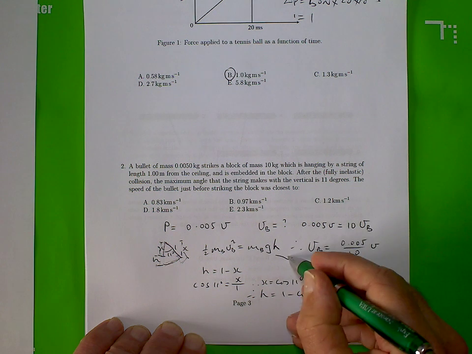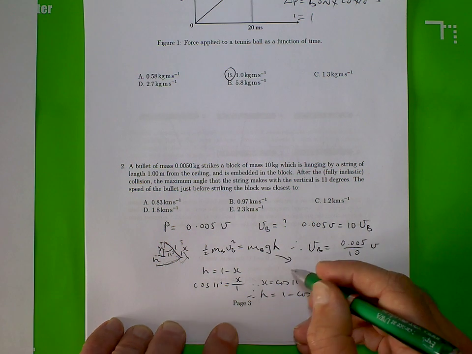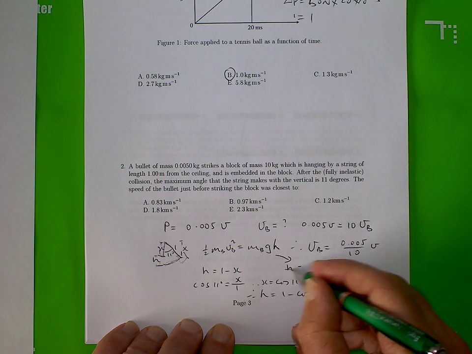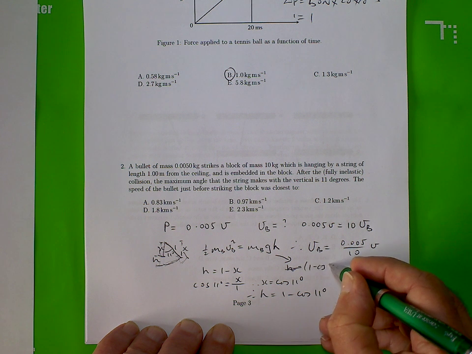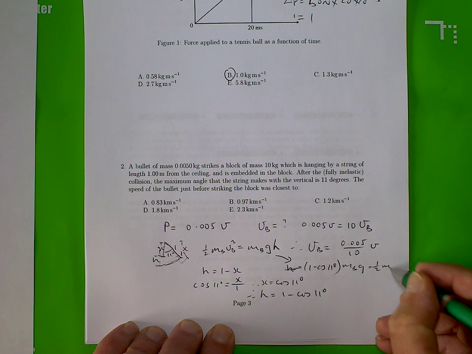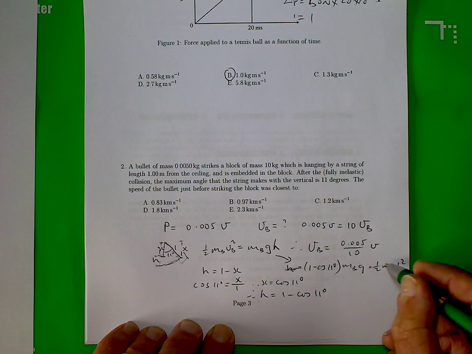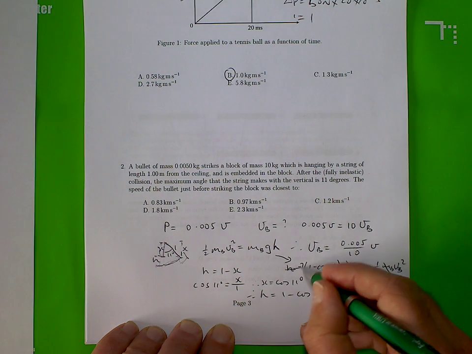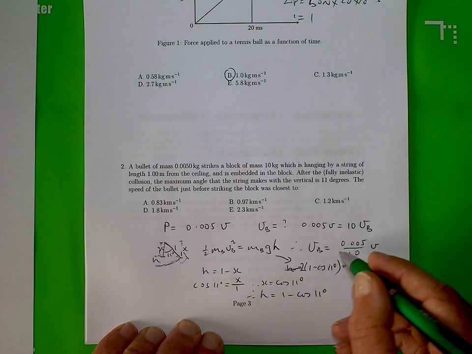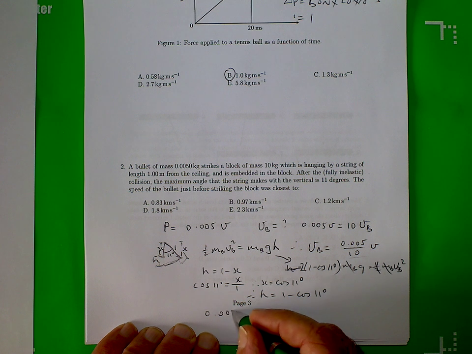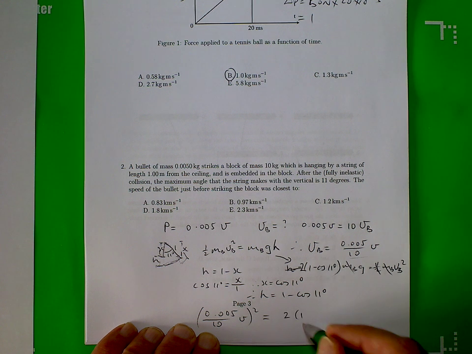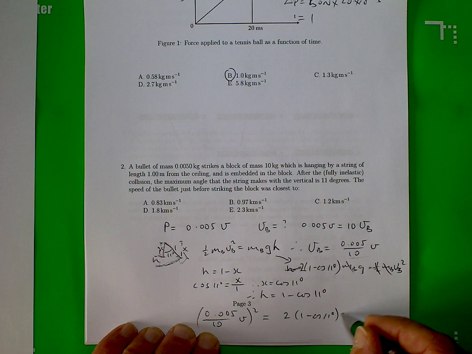So, taking that, 1 minus cos 11 degrees times m_b g equals a half m_b v_b squared. The m_b cancels, the 2 goes over there, and so using v_b, 0.005 over 10 times V all squared is equal to 2 times 1 minus cos 11 degrees times g.